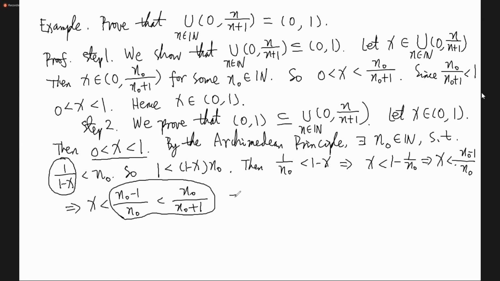Okay, so this implies what? This implies x is greater than 0 and less than n0 over n0 plus 1, which implies x belongs to (0, n0 over n0 plus 1).